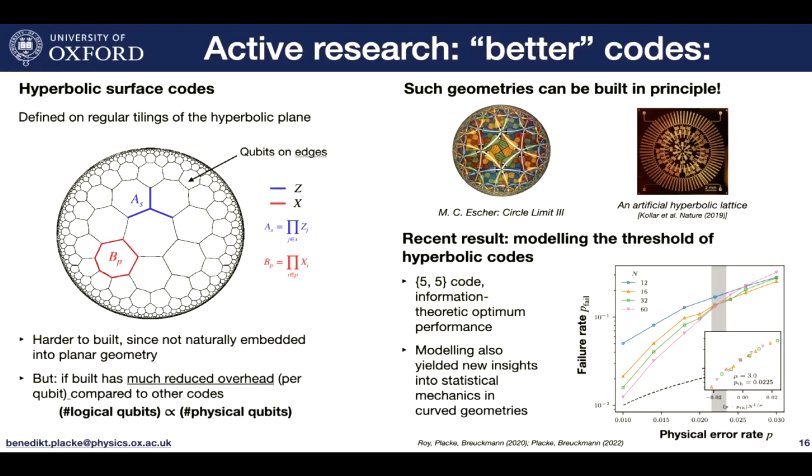These were models that had mostly been studied by high energy physicists, because the universe is supposed to be maybe a negatively curved surface. And it turns out we could map it exactly, and this mapping allows us to calculate for these kinds of codes the information theoretically optimal performance that you can get at a certain size and at a certain strength of noise.